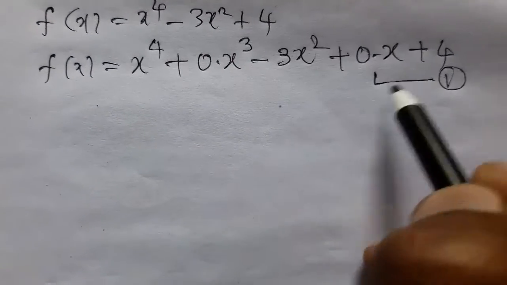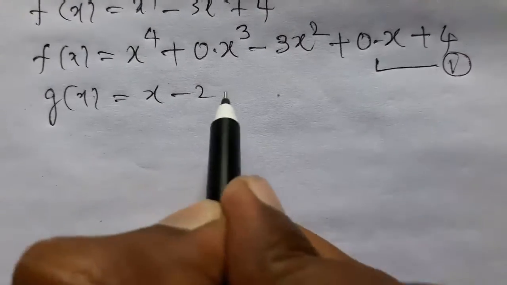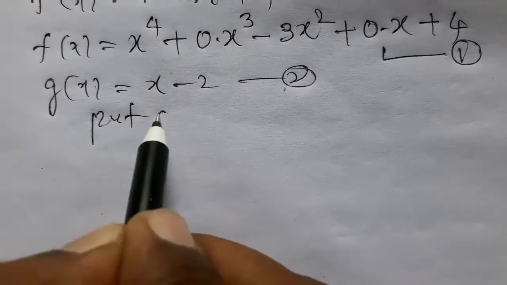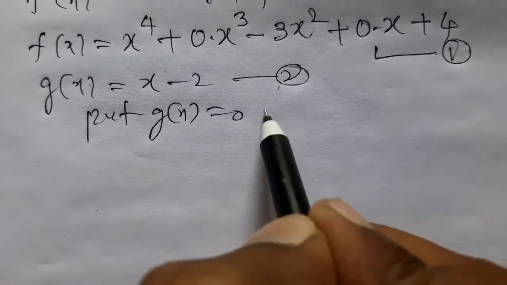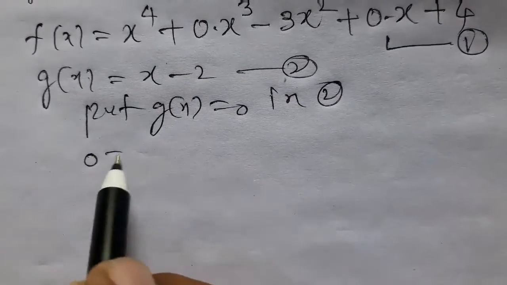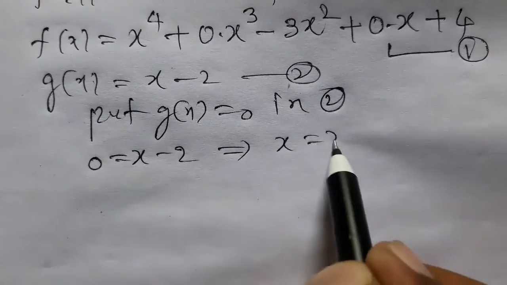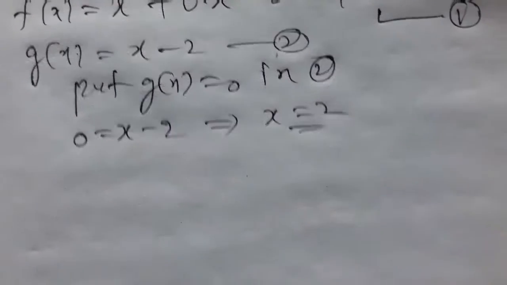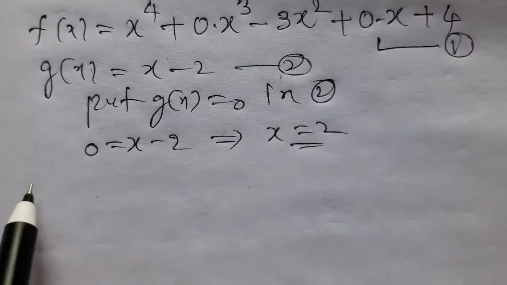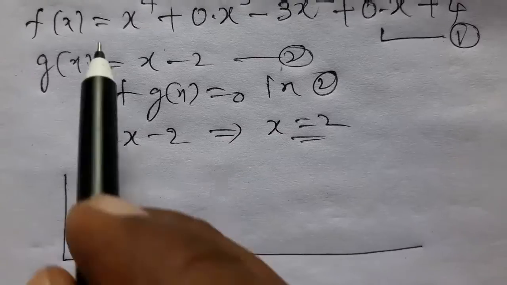Take this as equation 1. Next, g of x is equal to x minus 2 is given. Take this as equation 2. Put g of x equal to 0, that means 0 is equal to x minus 2. Send this to that side. That means x is equal to 2. Now, by using synthetic division, see here.